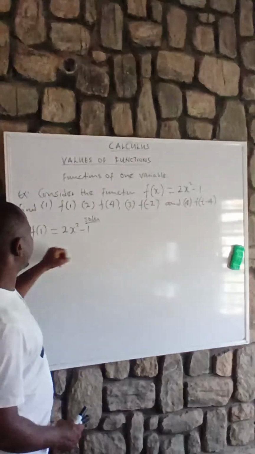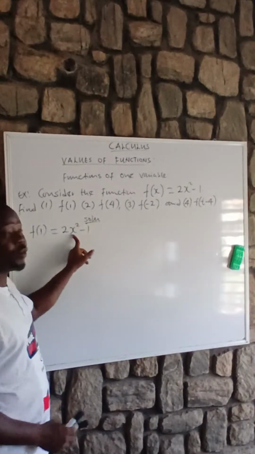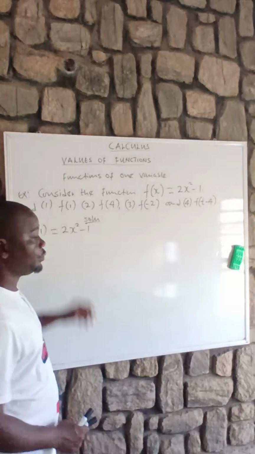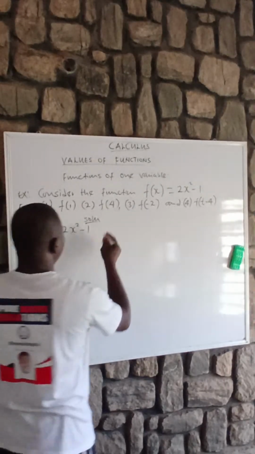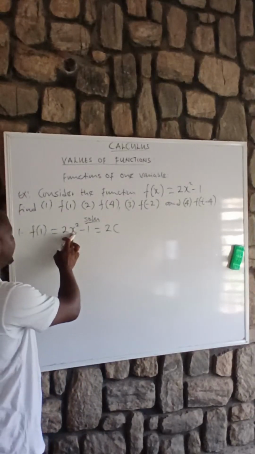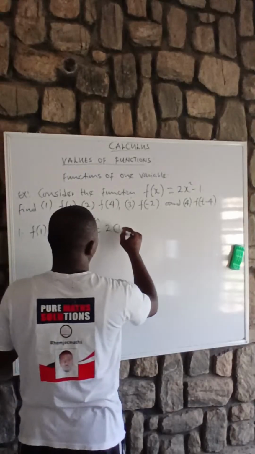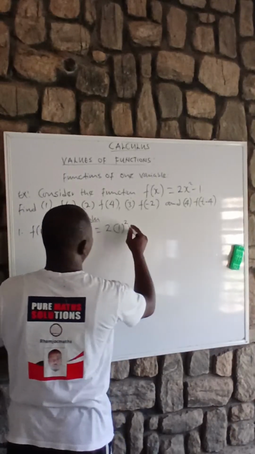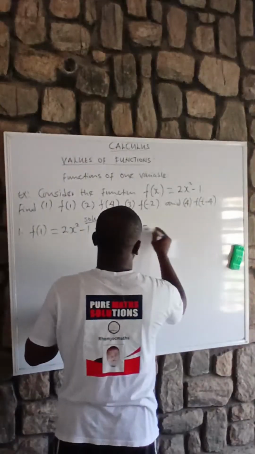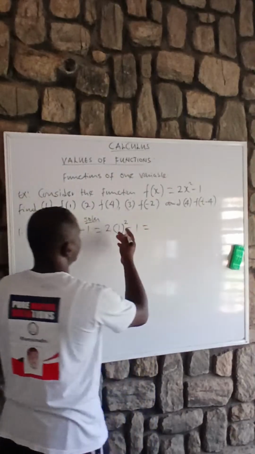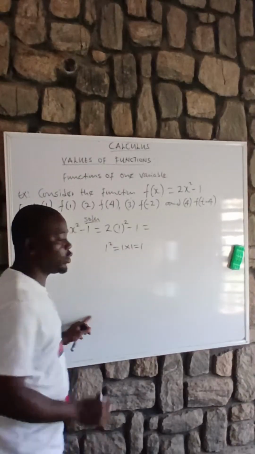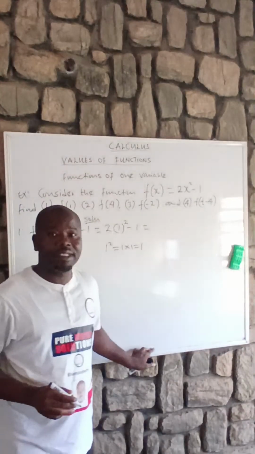So what we are going to do in this function, we are going to substitute in 1 for x. So here we are going to write 2, all in brackets. Mind you, x here carries what power? 1 raised to the power of 2, minus 1. Are you following? Do you understand? So 1 raised to the power 2 is the same thing as 1 times 1, which is the same thing as 1.